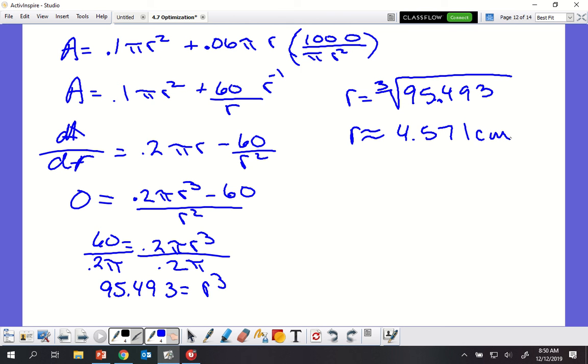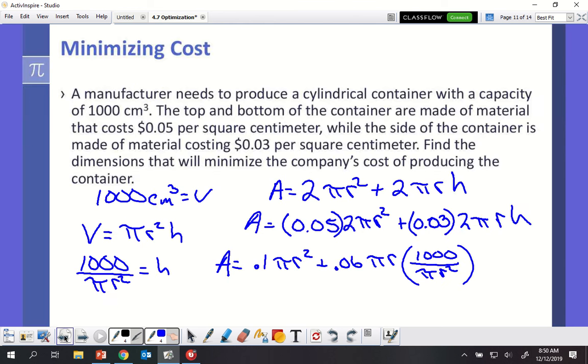If that's the radius of the can, that's going to minimize the cost. And then to figure out the height, what would I do? Plug r into the volume. Yeah, just plug r into my volume.